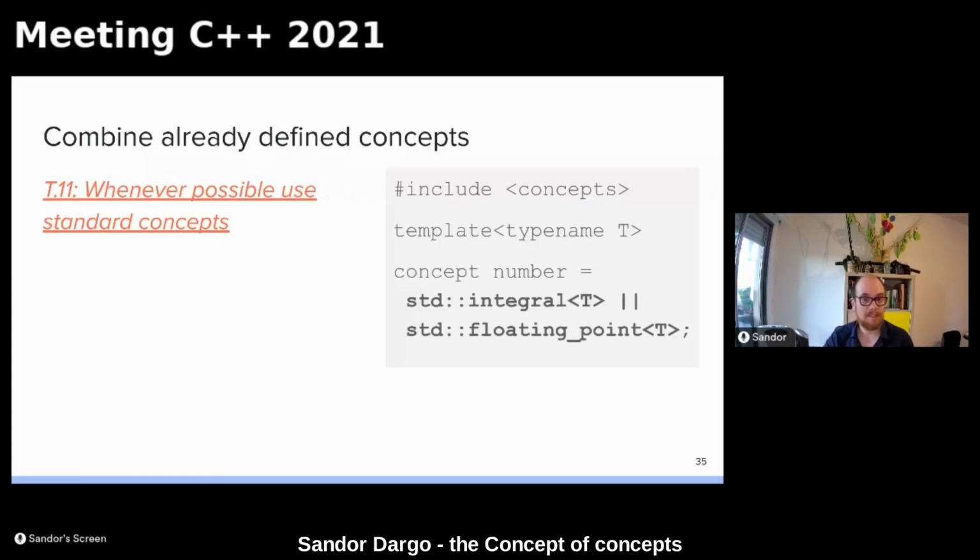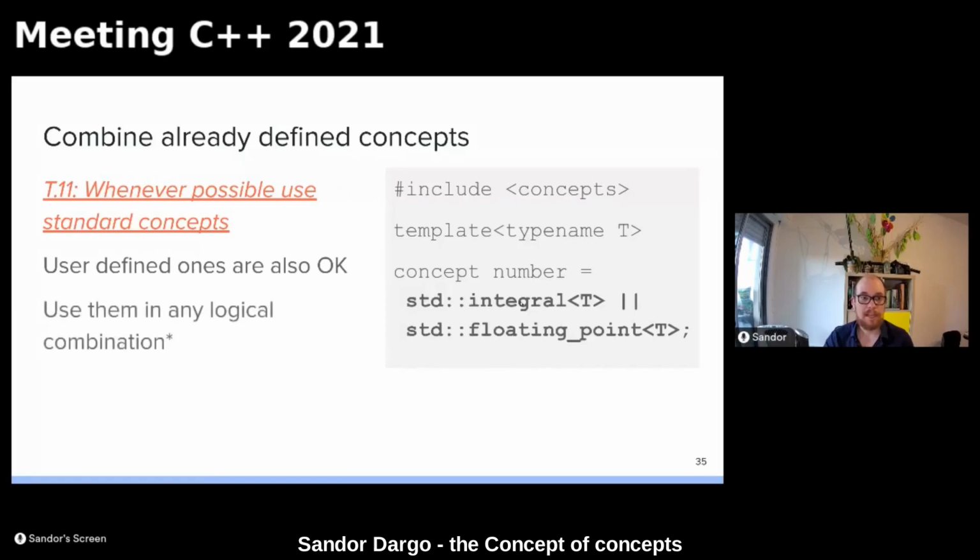They are well tested by the whole community, and they are simply better. Just like most probably an algorithm will perform much better and be much more reliable than a raw loop that you would write yourself. So we can also combine, obviously, user-defined concepts.